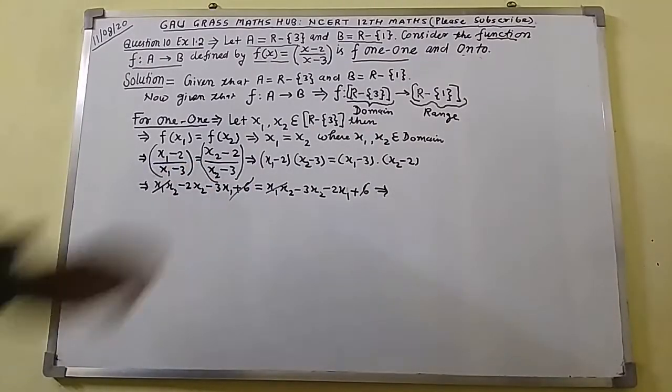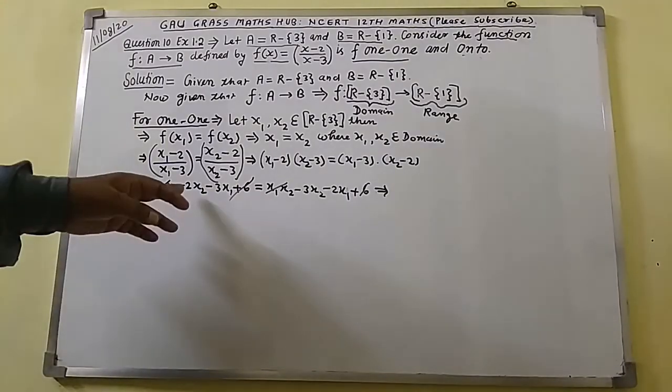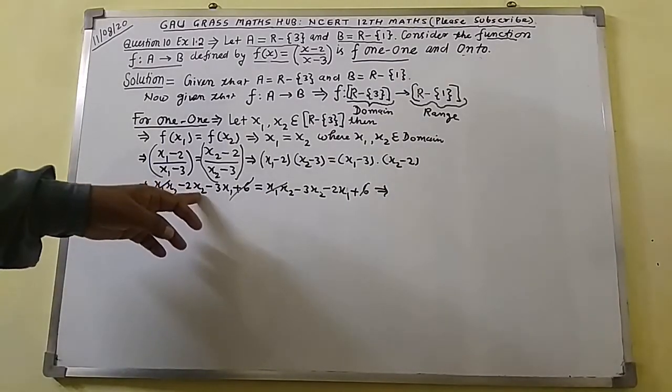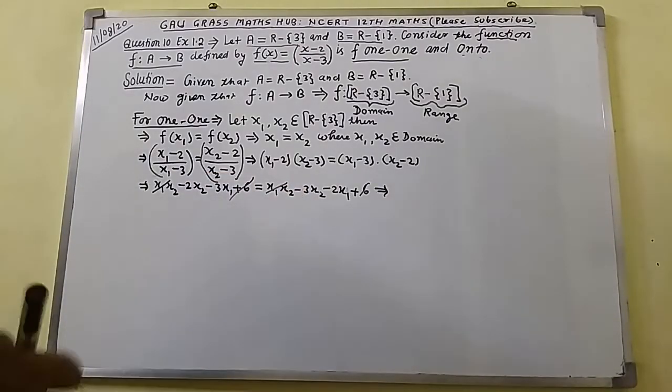Like terms will be grouped together. So let us see how this will be solved. Here you can see minus 2 f2, and here you can see minus 3 f2, so both will be put together.